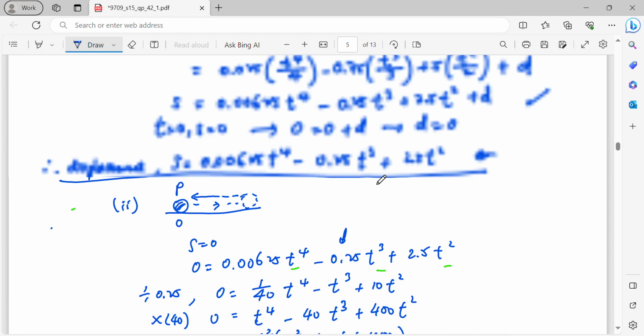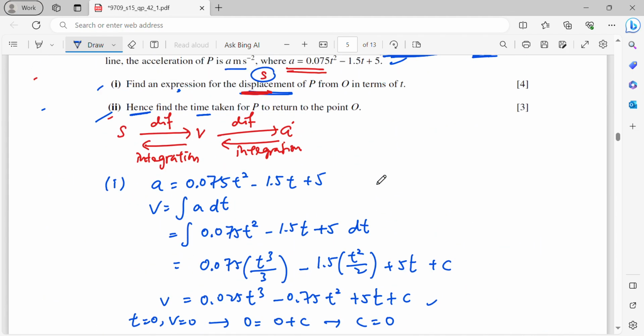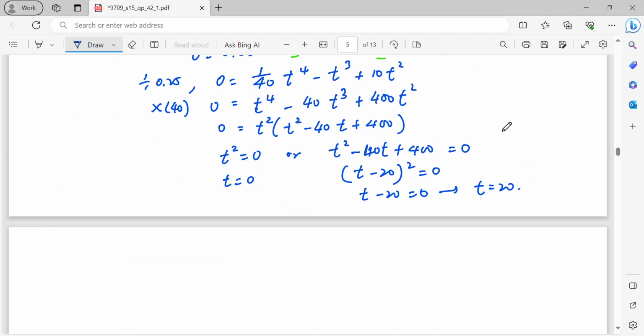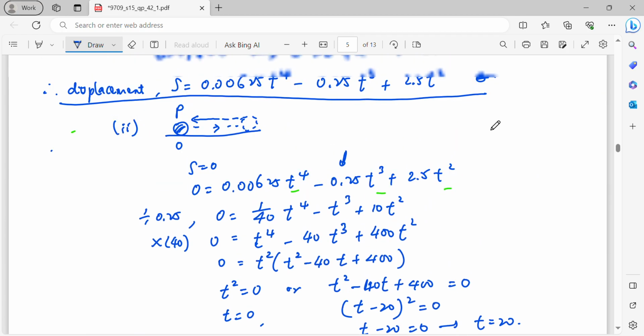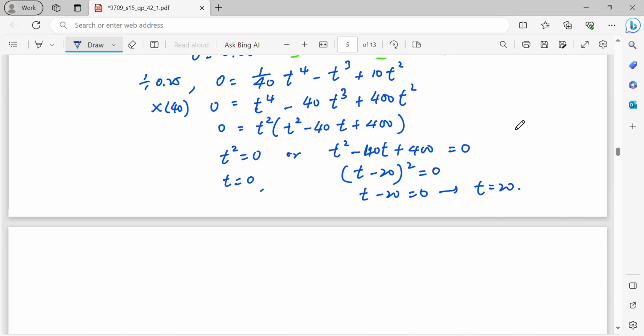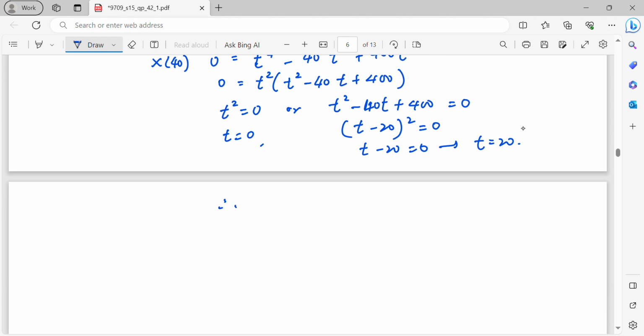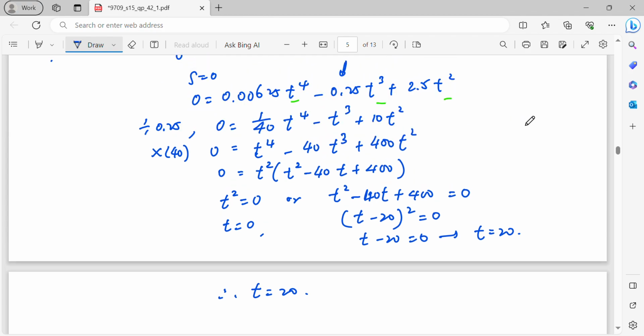Now, obviously, you need to find the time taken for P to return to O. That means it cannot be 0, because when t equals to 0, that is the initial condition. That means it has not moved yet. Alright, so now my final answer will be t equals to 20. Okay, so the particle P needs 20 seconds to return to the point O.